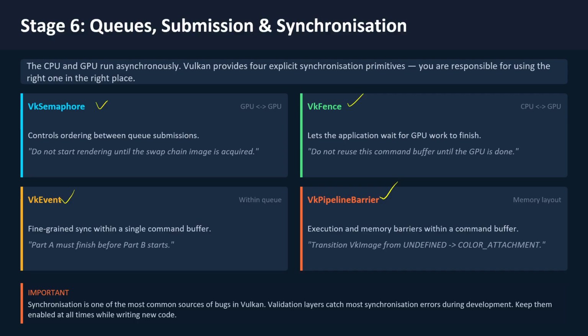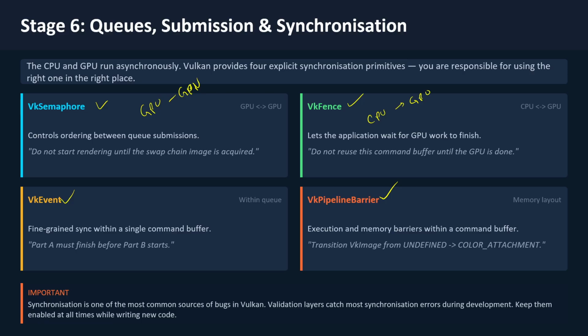All right. The next thing is basically the VK fence. The VK fence is used for CPU and GPU synchronization. This is different from the semaphore, which is GPU to GPU synchronization.